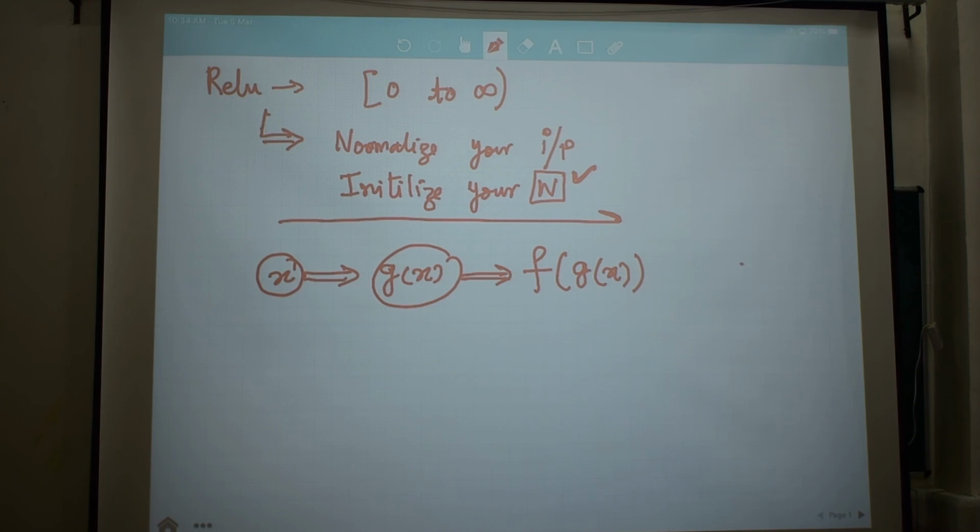Then I want to differentiate f with respect to x. You will say it has to be equal to del f by del g and del g by del x. But why is it multiplied? Why is it not added?